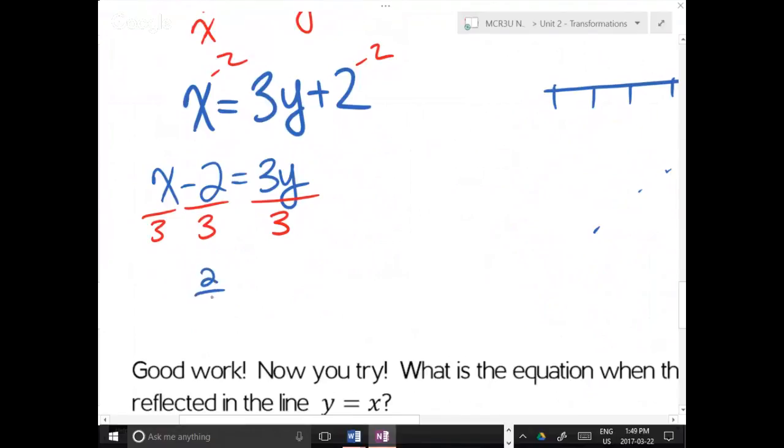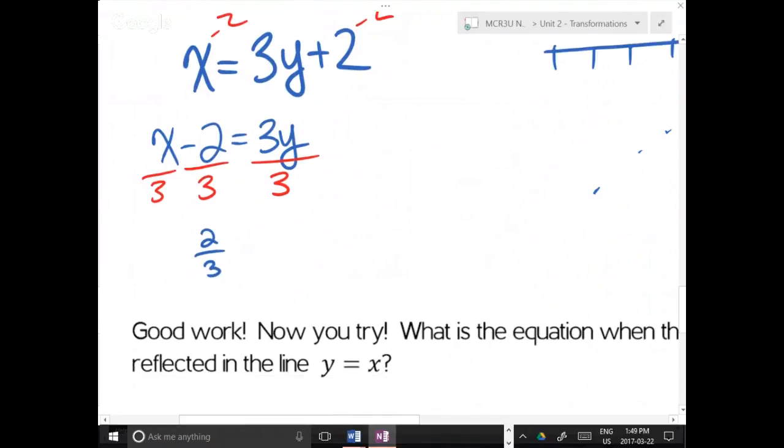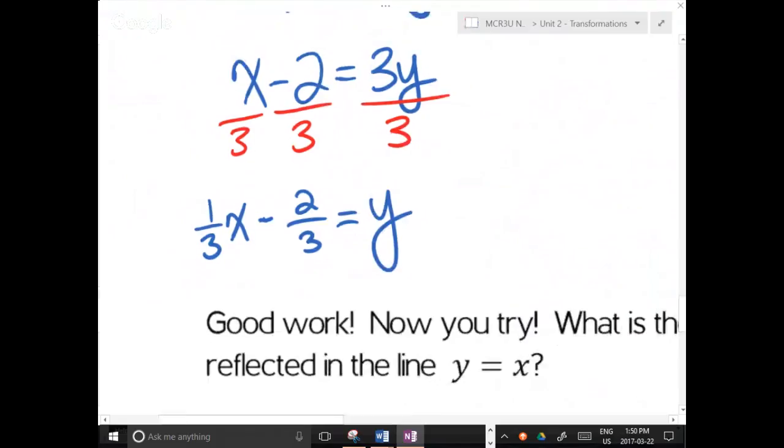Well, that's got to be minus 2/3, but the x was also divided by 3, so I'm going to write it in front like a slope normally is, 1/3 x. It would be just as right to say x over 3, but usually with slopes, we wrote them in front. Is everyone comfortable with that step? It'd be minus 2/3 equals y. So we had to divide everything by 3: I've divided x by 3, I've divided 2 by 3, and I divided 3y by 3.